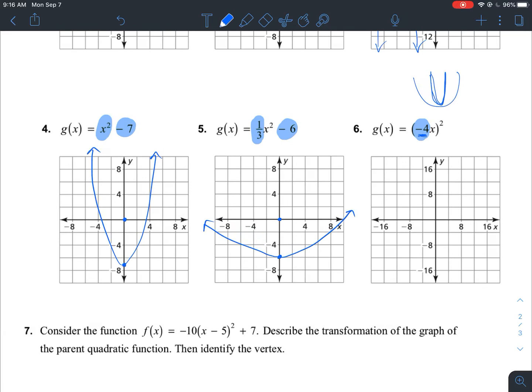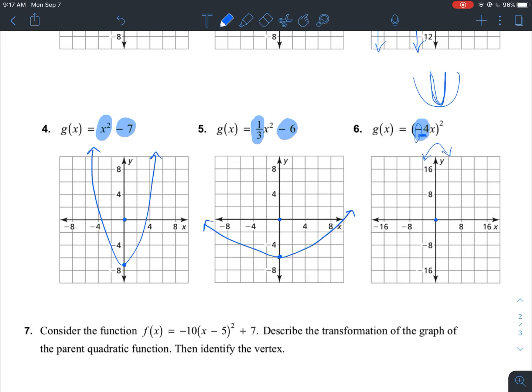We don't have any sort of shifts, so our vertex is still at 0, 0, but we do have this negative right here, which means that we're going to flip it across the y-axis. But remember that our function x squared is symmetrical, so that actually doesn't affect what our graph looks like. It's still going to be the same as if it were not negative.